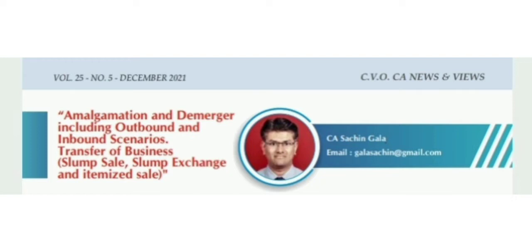Section 2(41A). The definition of undertaking plays an important role in demerger. What constitutes an undertaking has to be evaluated properly for the demerger to be tax neutral. It is not necessary that all assets and liabilities are transferred pursuant to demerger of an undertaking.